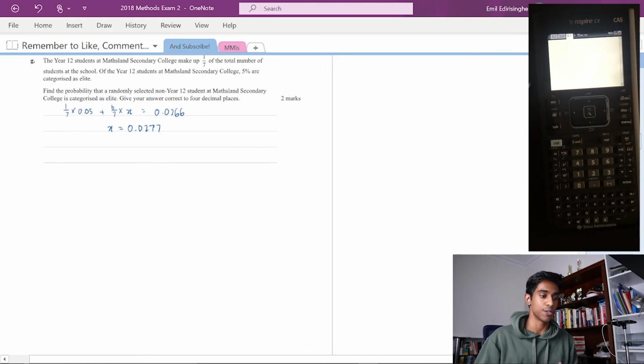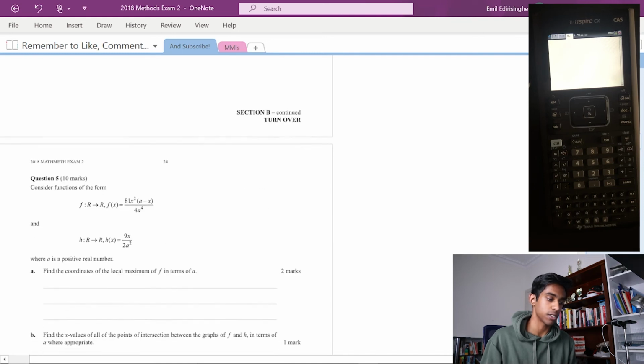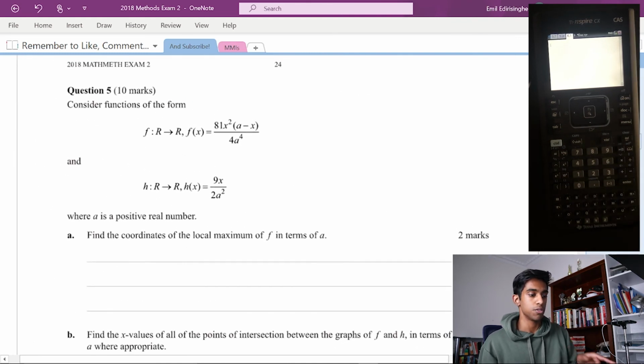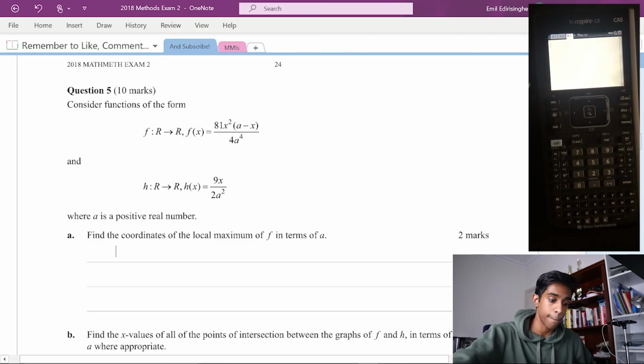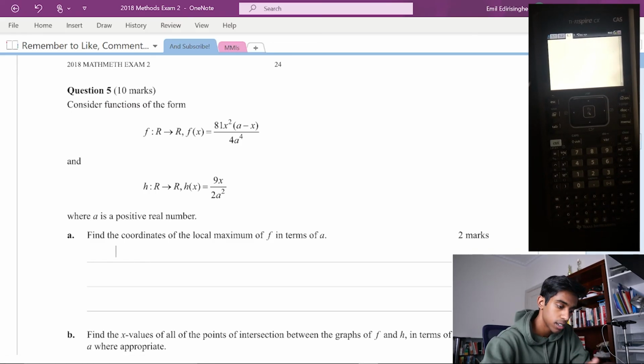Okay, so now let's move on to question 5, which is going to be the last question of this paper. I made a new problem on my CAS, and here we have these two functions and we're trying to find the coordinates of the local maximum of f in terms of a. So here I'm going to write f dash of x is equal to 0.